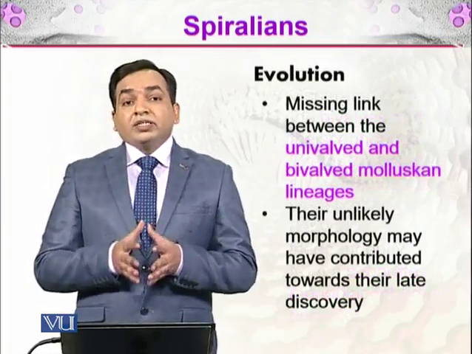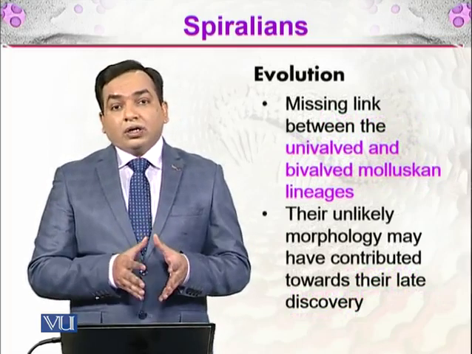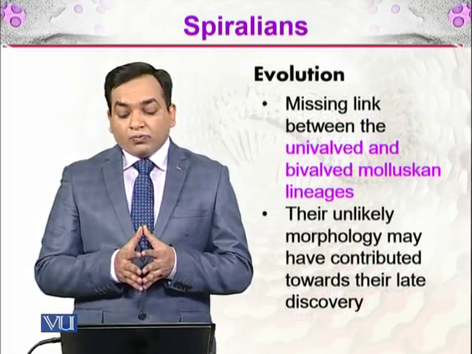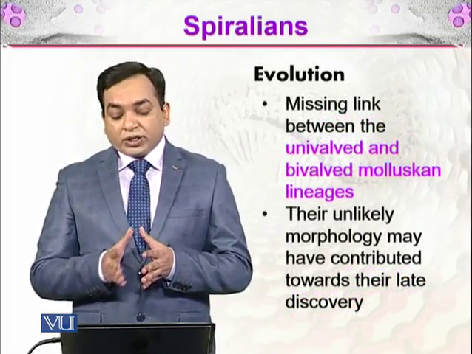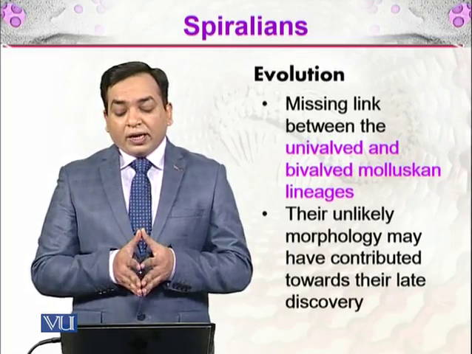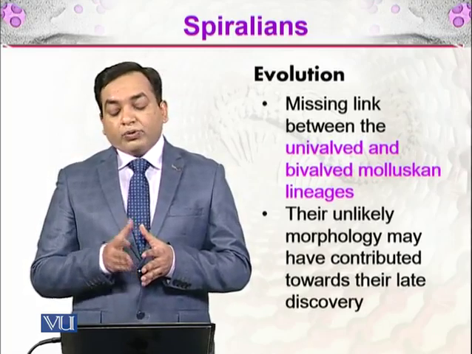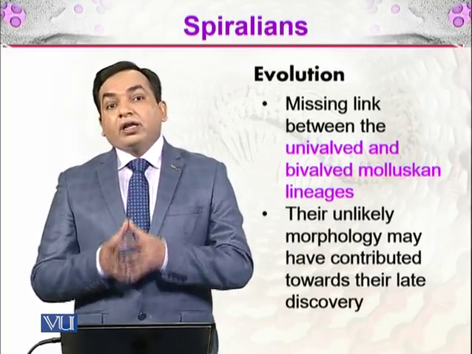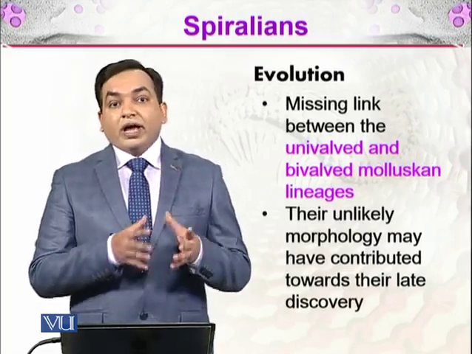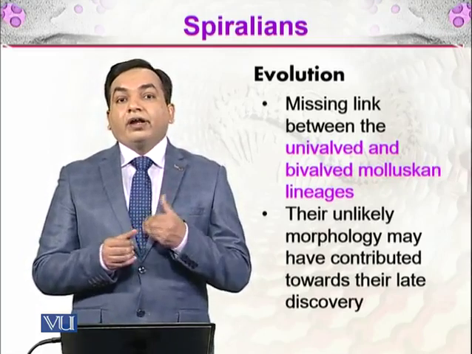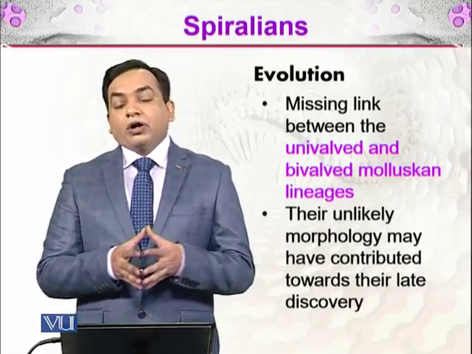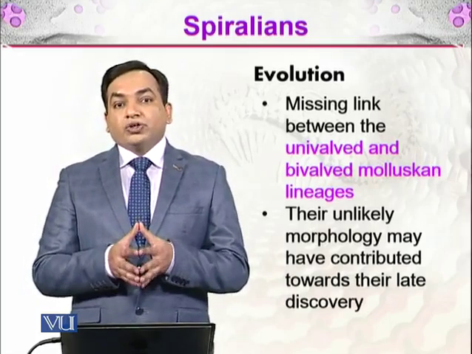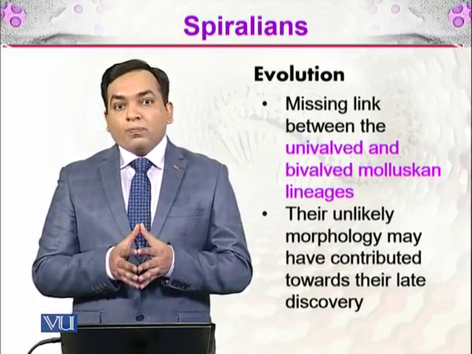So we can say that this group of organisms is a missing link between the univalved and bivalved molluskan lineages, and their unlikely morphology may have contributed towards their late discovery. Their morphology is very different, and even though they were discovered earlier, they were identified as a different group or put in a different phylum. But today, we are considering them as a group of mollusks.